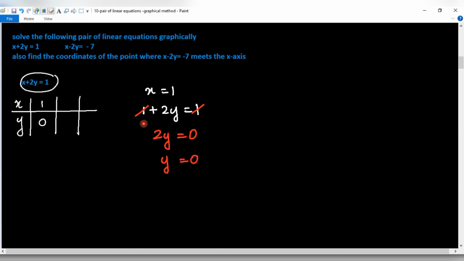Similarly, we have to find what happens when x is equal to minus 1. When x is equal to minus 1, this will become minus 1. So minus 1 plus 2y equals 1. Then 2y is equal to, see, when we take this minus 1 to the right side, we get 1 plus 1.